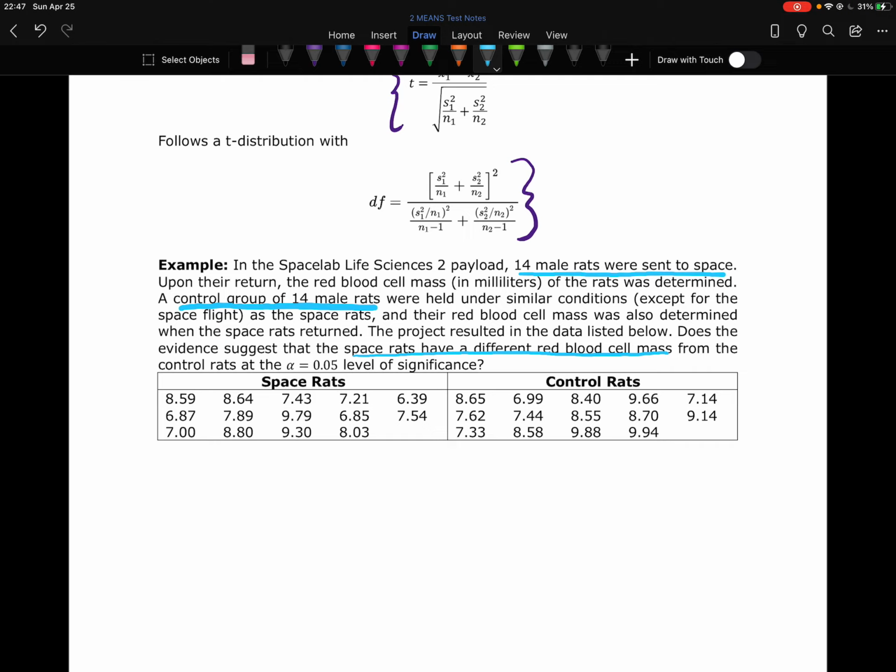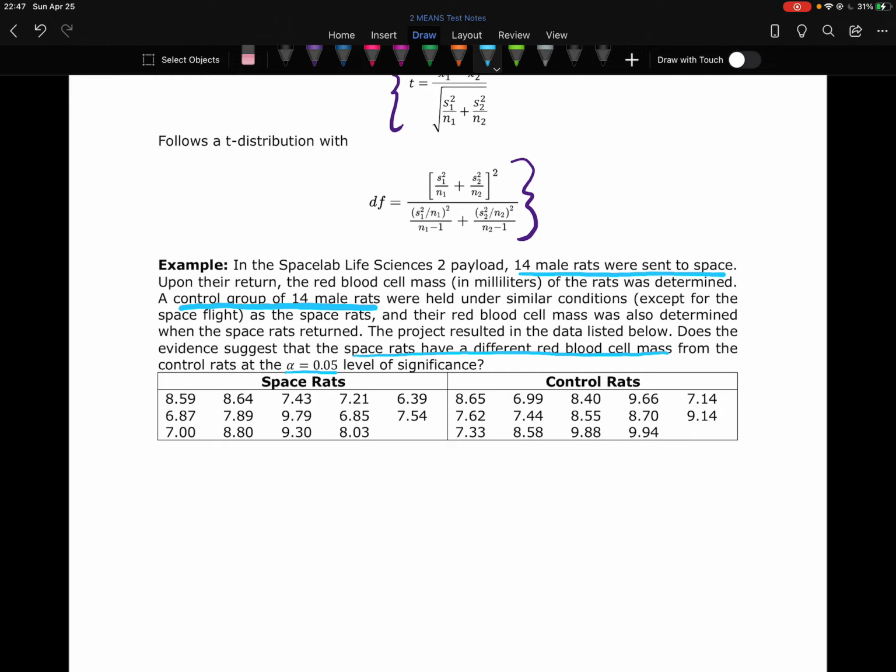Is that something that we need to be considering when we send people to space? Is that it would affect their red blood cell mass when they return to Earth? Or are they fine? Does space have no effect on it? These are things we need to know. So this is another case, and we have alpha equals 0.05.